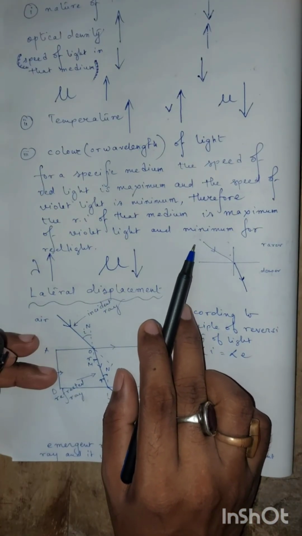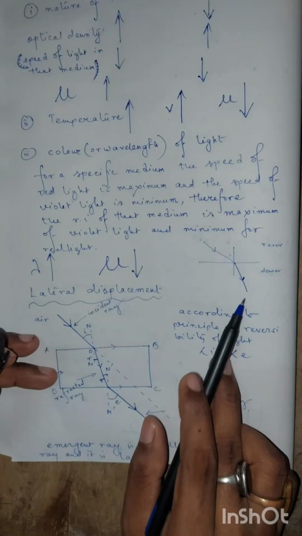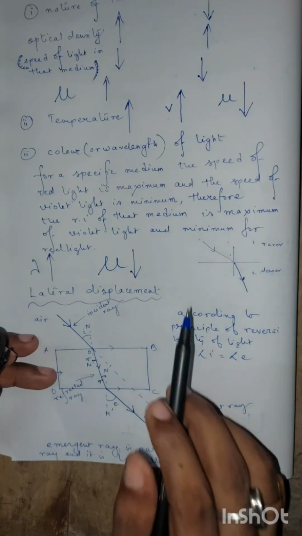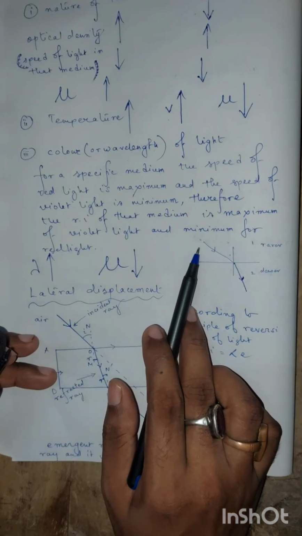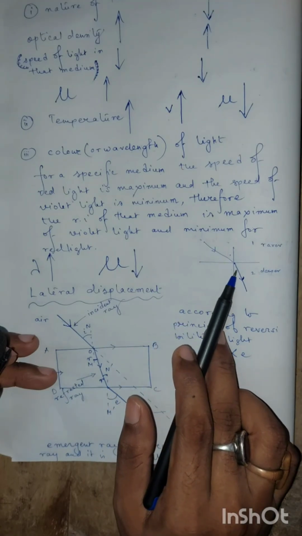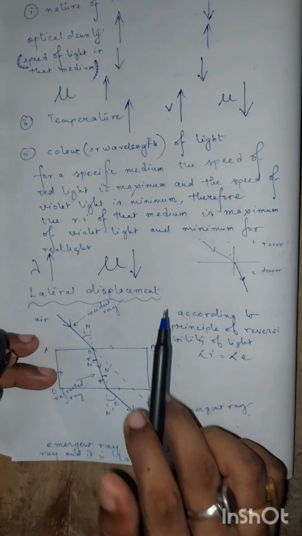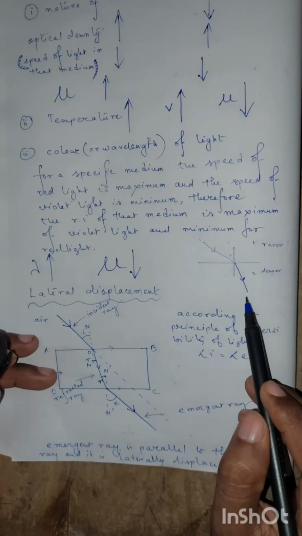This is our first medium, this is our second medium. The path followed by light will be exactly equal to the path when the light is sent backwards.